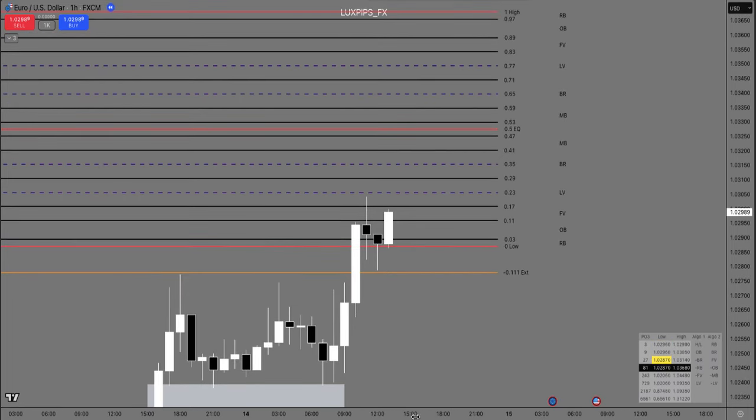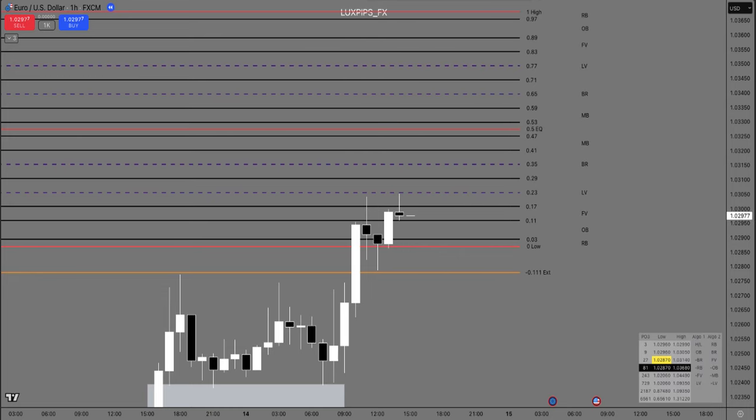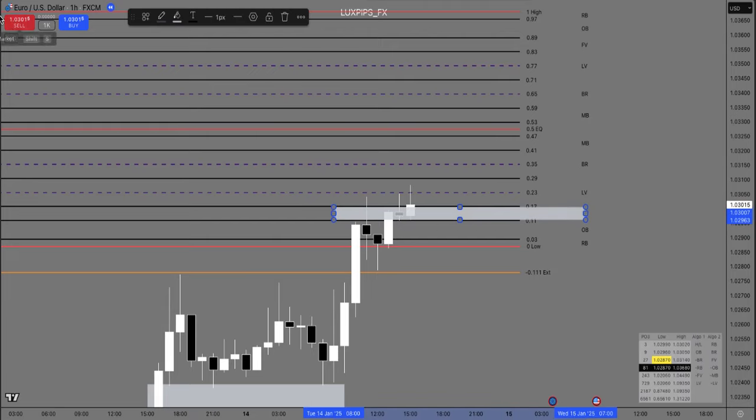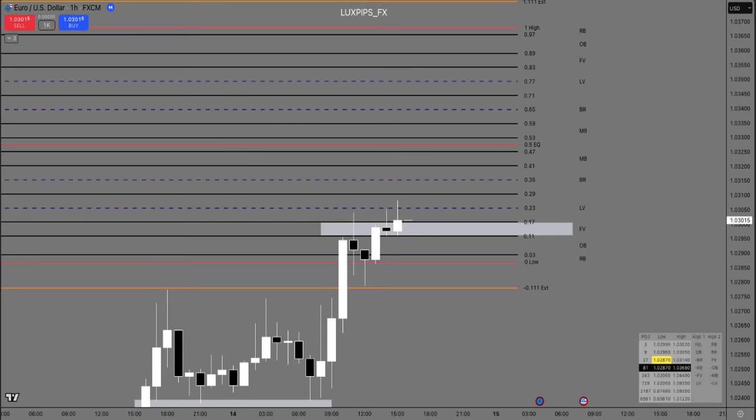Don't want to pause it too late. So the FV level right here seems to be holding, right? Let's see what happens here. All right, got LV and LV.